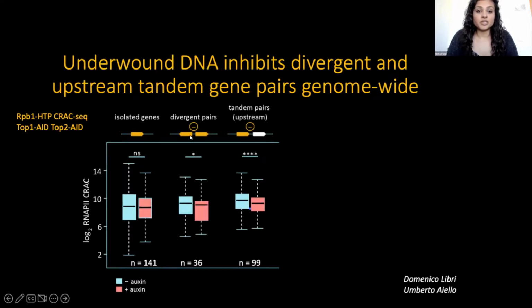And now when we start looking at gene pairs, so genes within divergent gene pairs, as well as the upstream gene within tandem gene pairs, where negative supercoils, underwound DNA, is likely to play a role, we see a significant inhibition in nascent transcription for both of these groups.